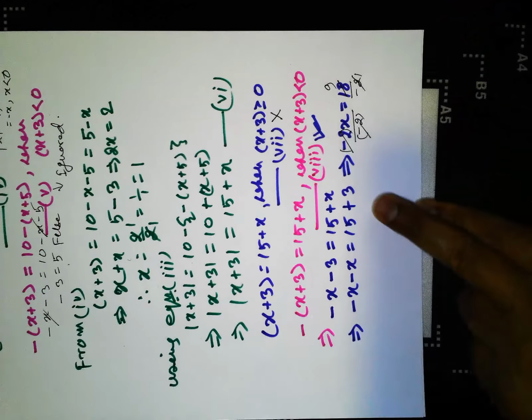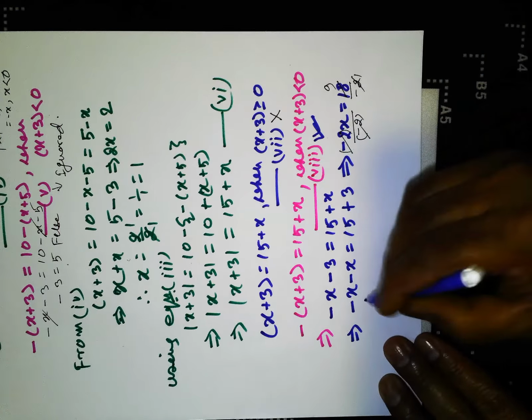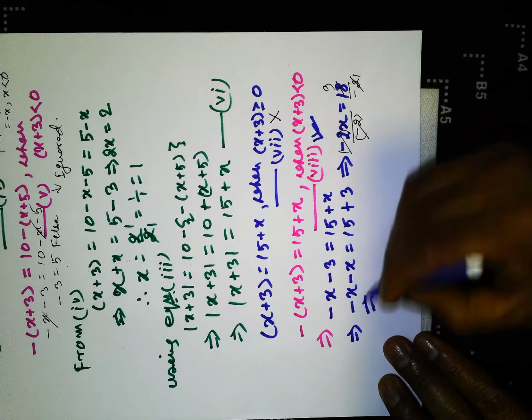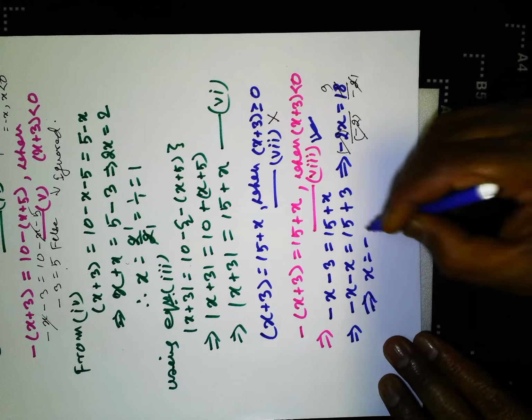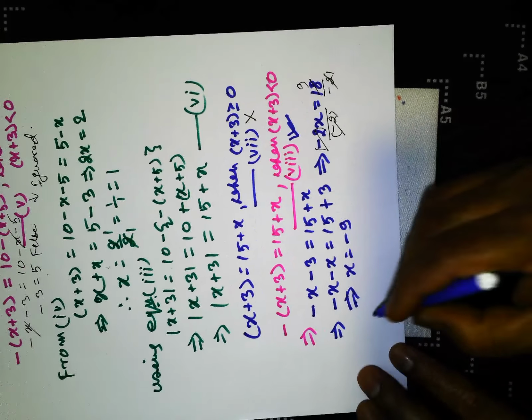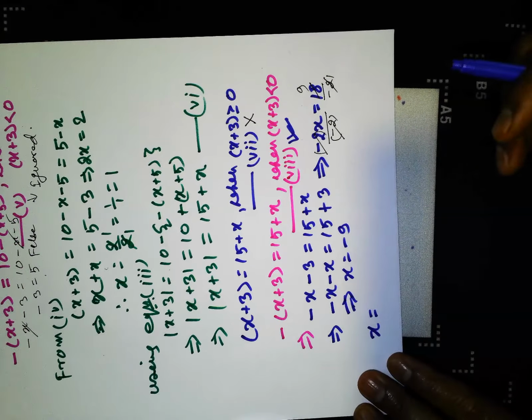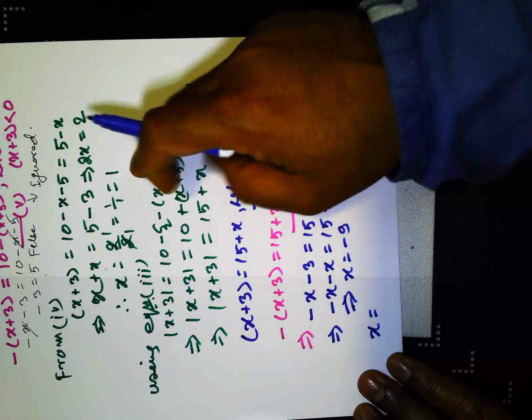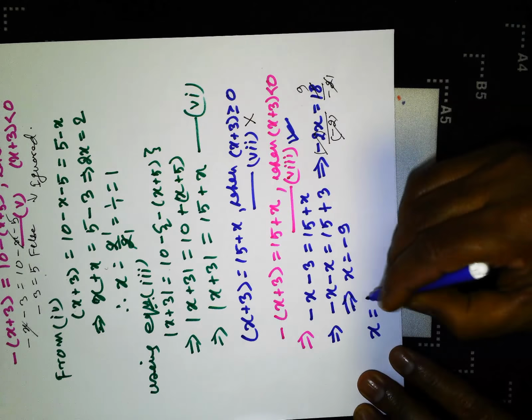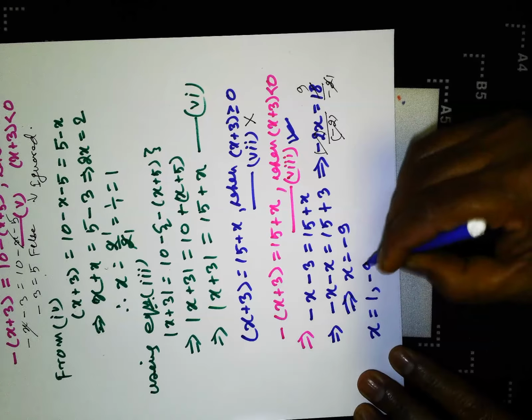So finally you will have x equals minus 9. So we can see one value of x is, what is that? Yeah, it's here. One value of x is 1, another value of x is minus 9.